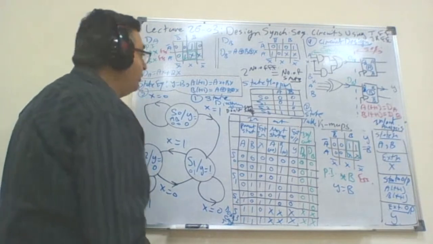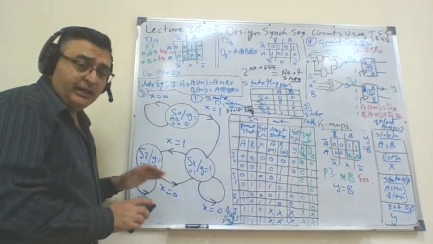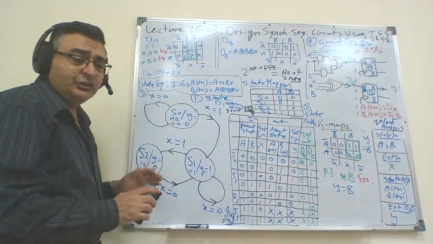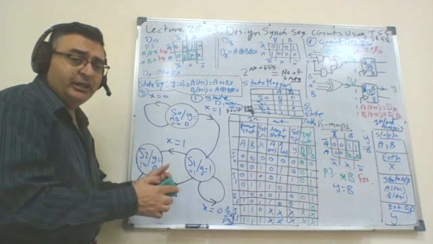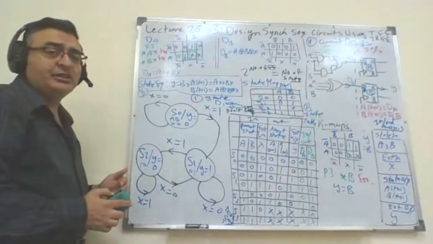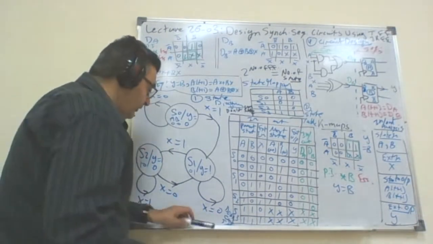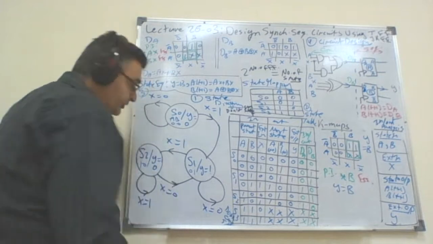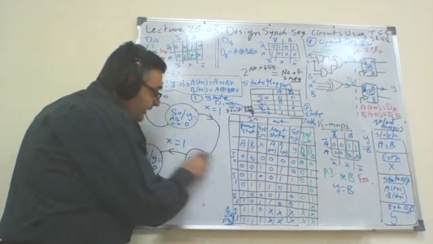Agree? So accordingly, we need to scratch out anything not related to the difference between the design using JK and the design using D flip-flop. So we will just give ourselves a space here by removing the state diagram.